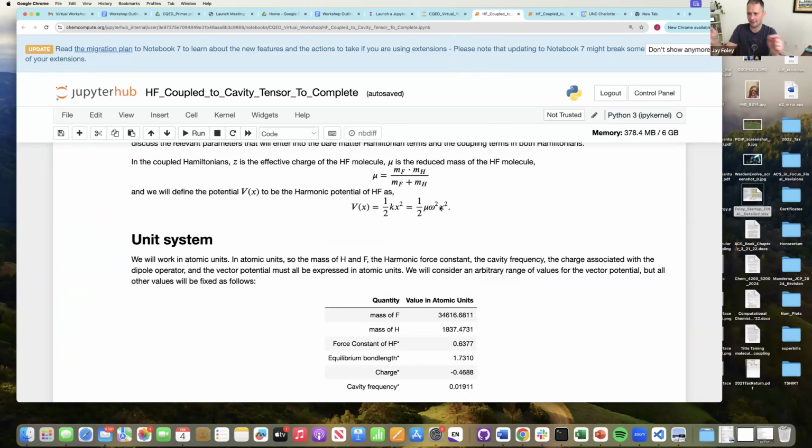We expect that we can pass it a single value of position or perhaps a whole list of position values in some variable or array called x. And it'll evaluate the potential at one or more values of x using this formula.